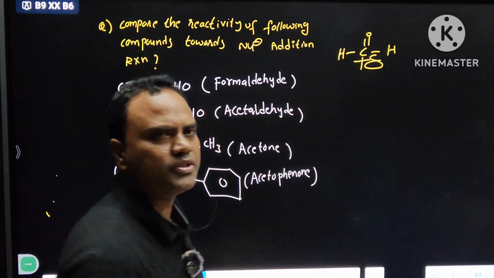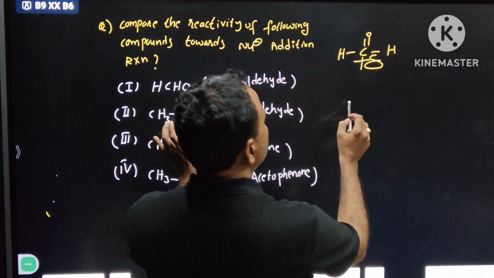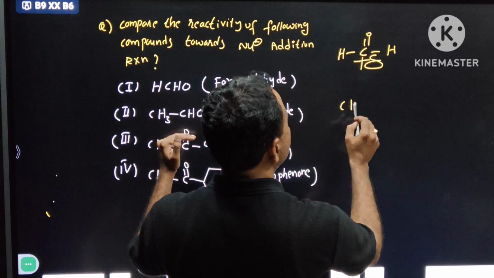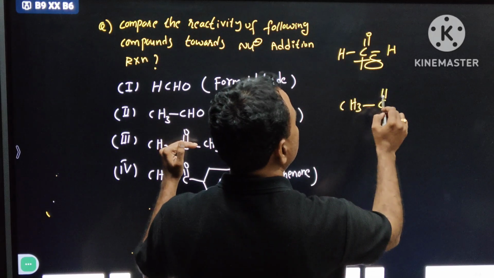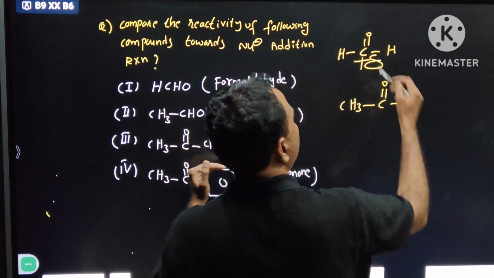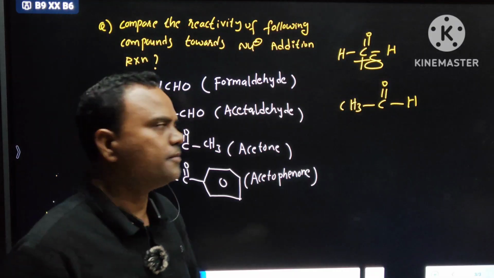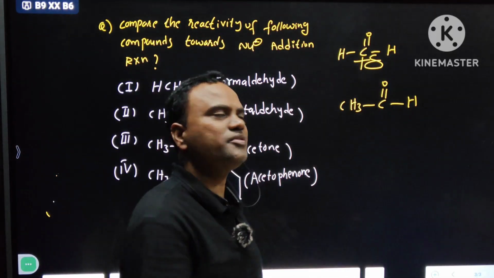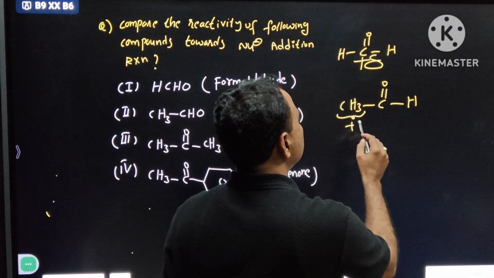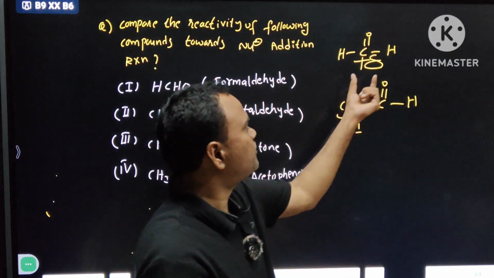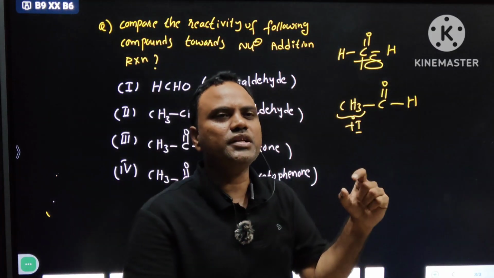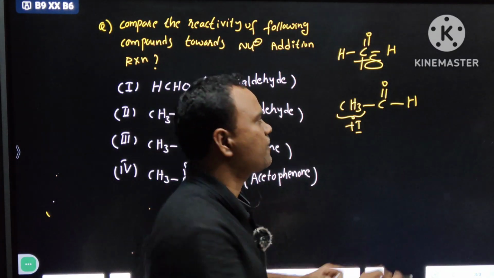Large positive charge is present. Next, compare formaldehyde with acetaldehyde. In acetaldehyde, one plus I group is there. So the positive charge is a little less, right?